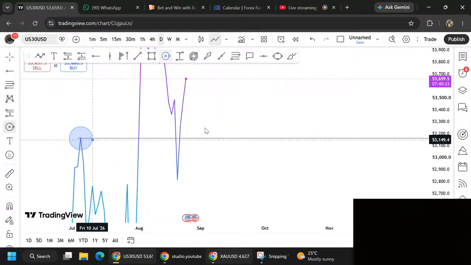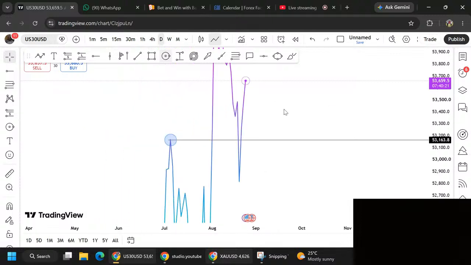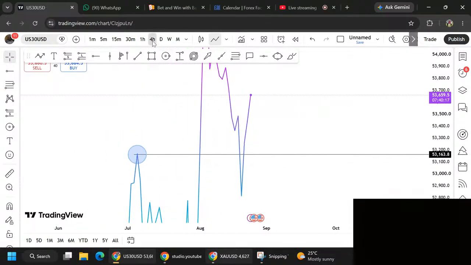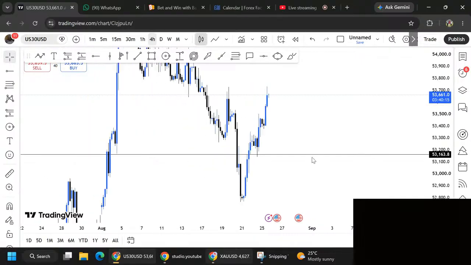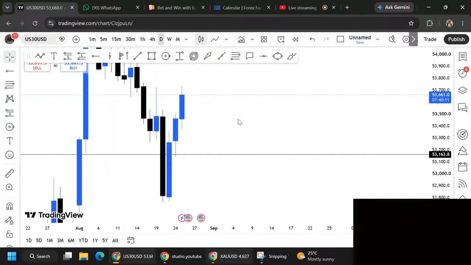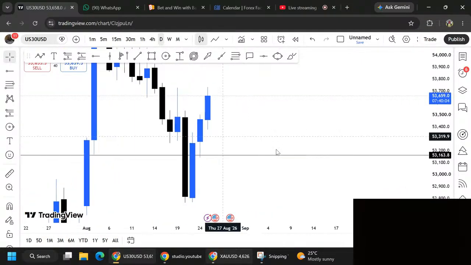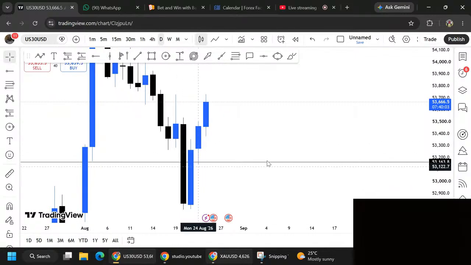We have this level over here that price had rejected, and that means that we started a bullish narrative. Already you can see we rejected, and we're able to close with a rejection. So this rejection means that there's a possibility that price is going to give us a bullish movement for today.